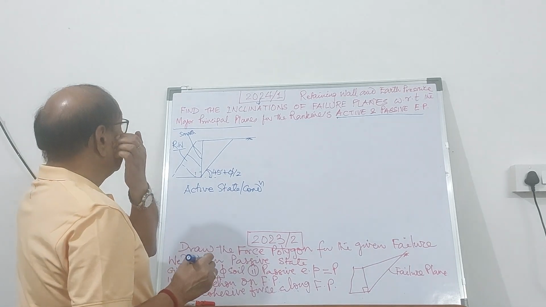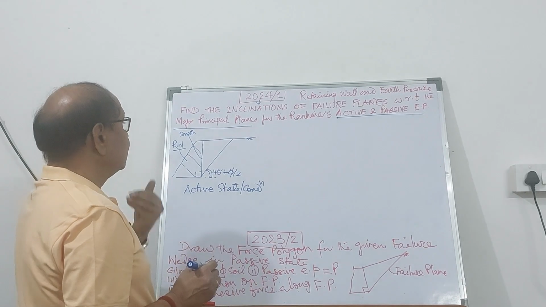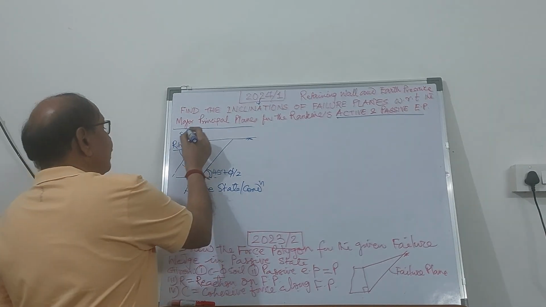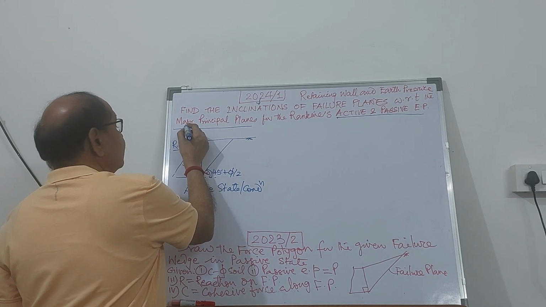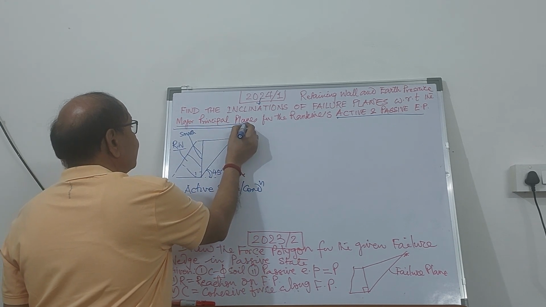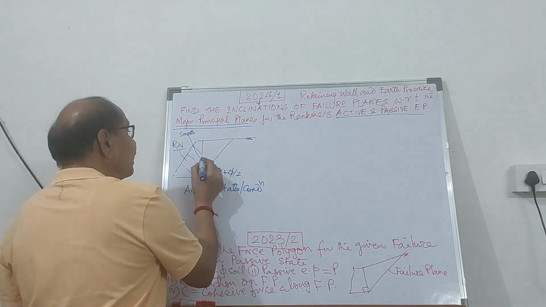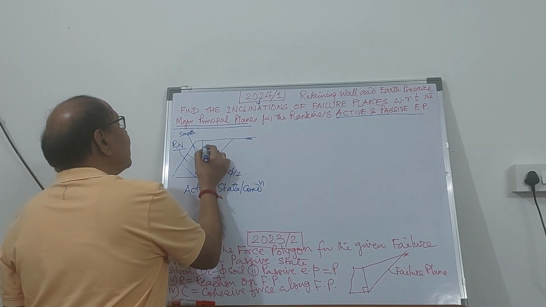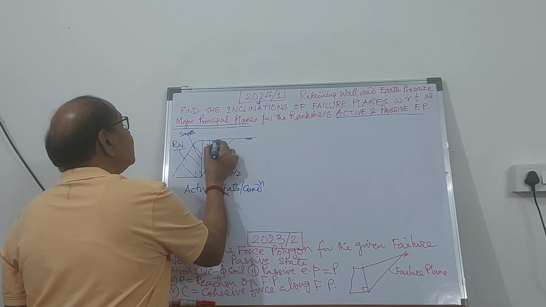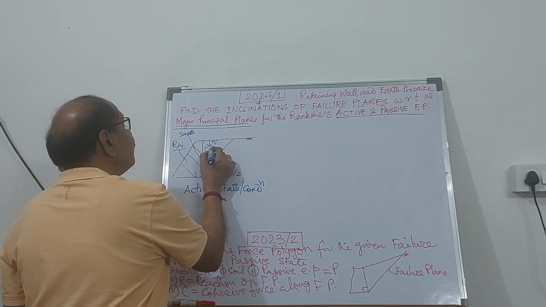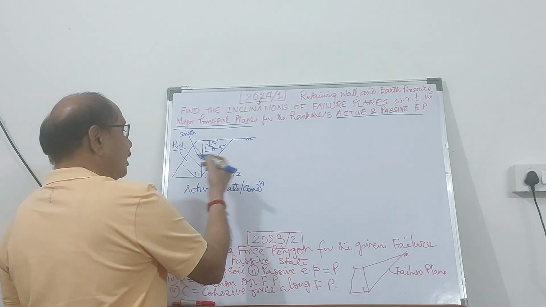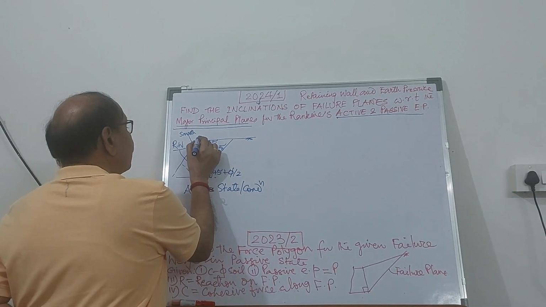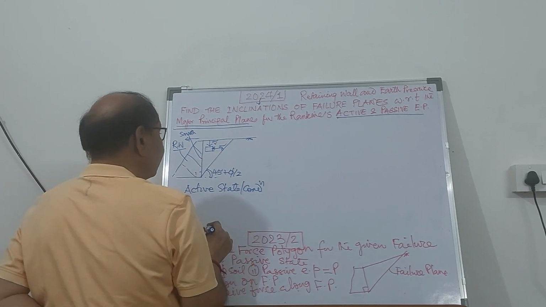So in active state, you will have to find out the inclination of the failure plane with respect to the major principal plane. Now, in active state, if you take a soil element, the vertical pressure is going to be more compared to the horizontal pressure. That's why the soil moves in the forward direction, away from the backfill.